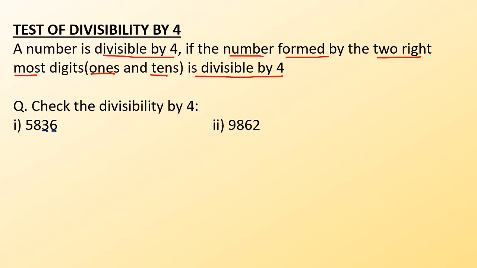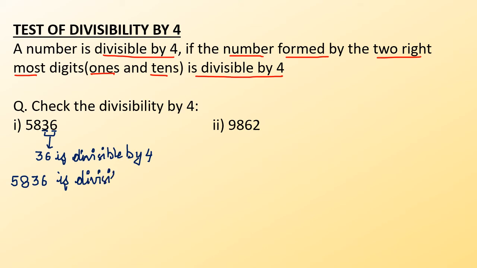So the number formed using these two digits is 36. Now we know 4 nines are 36, which means 36 is divisible by 4. So this whole number, that is 5836, is also divisible by 4.